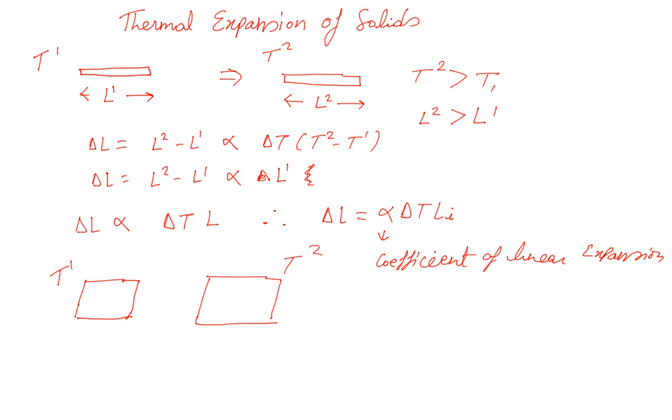Similarly, if there is a volume something like this, then this volume also increases. Well, I'm really exaggerating everything, but I'm just trying to give you an idea. Sorry for the bad drawing. So the volume also increases if we increase the temperature.